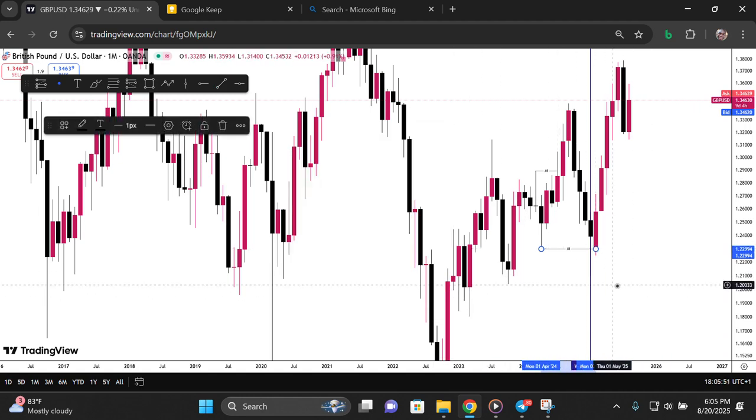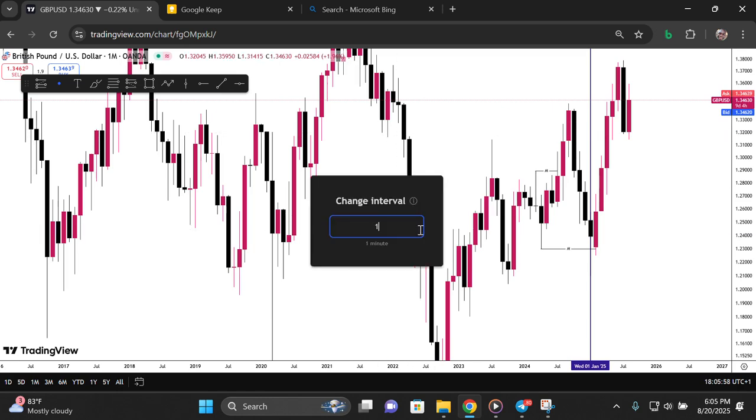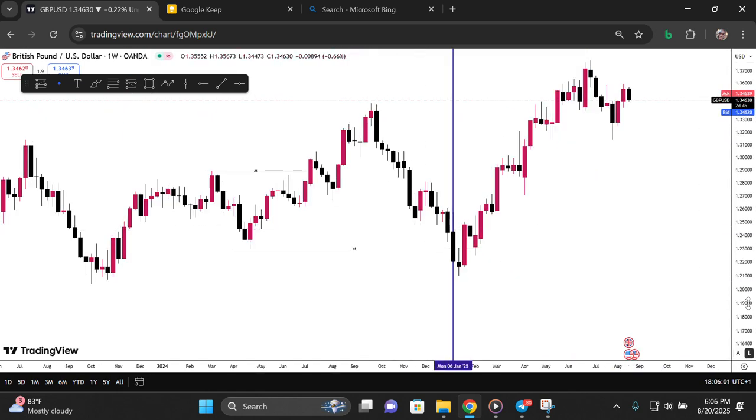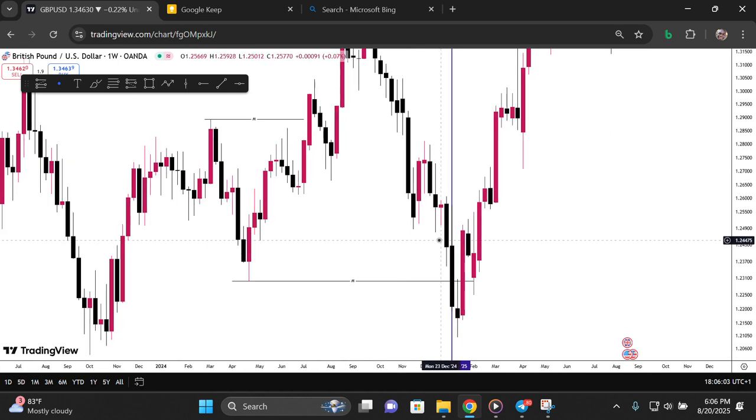From our structure, we know that the only thing we want to find inside the structure is liquidity. So now let's be patient. Let's go to our weekly time frame. As you can see from our weekly time frame, when this formed, price has not broken it yet.